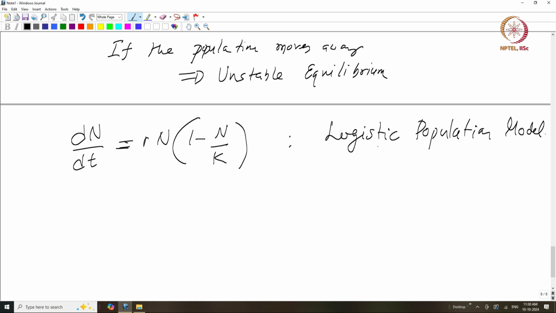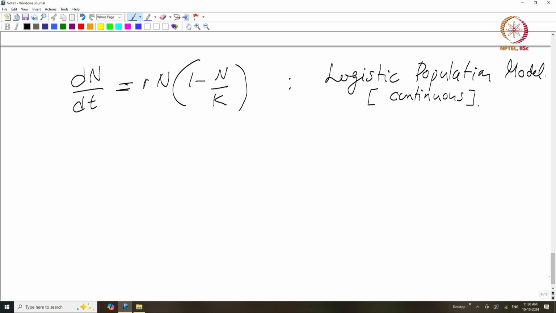I would like to caution a little bit: the logistic population model also comes in a discrete time version, and those are called logistic maps. But to avoid ambiguity, always remember that we are so far discussing continuous time logistic models.